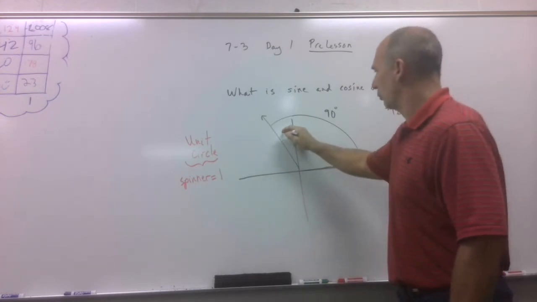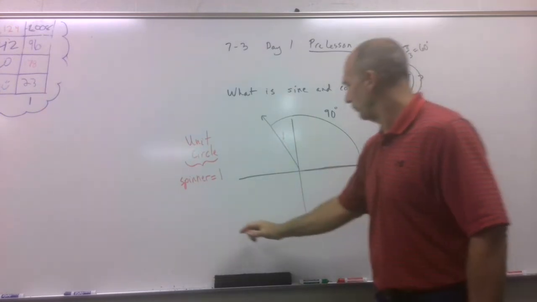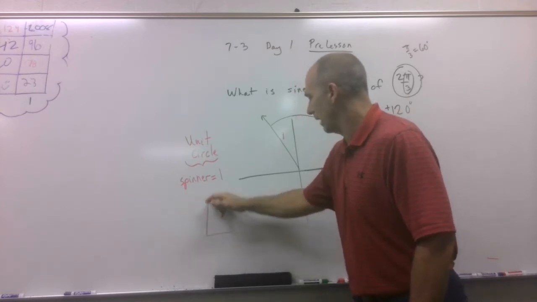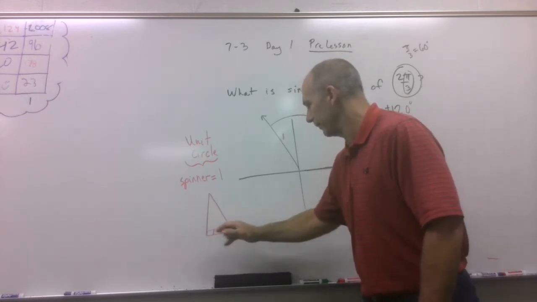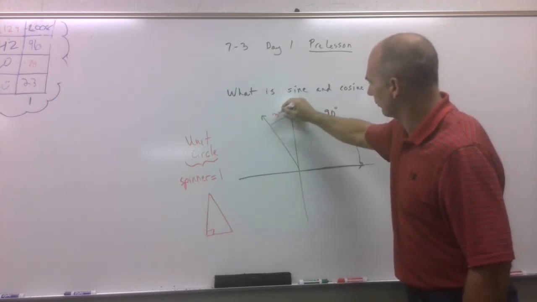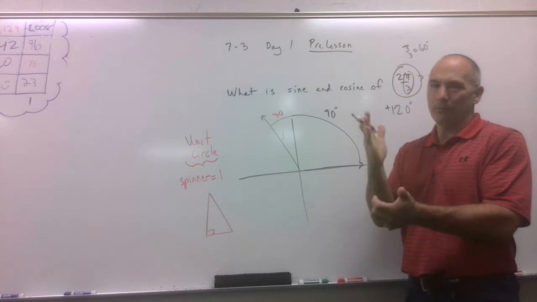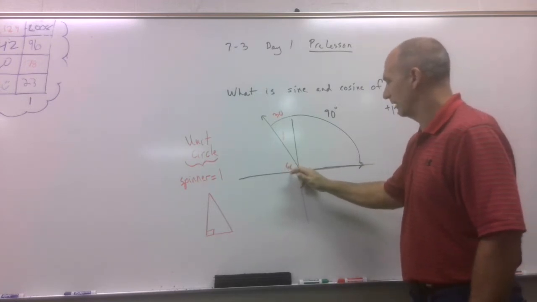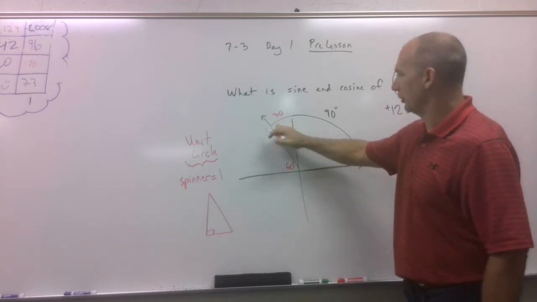So we know this is 1. Now, I want to help you guys understand something. So I'm going to draw a triangle that's a little different than you're used to. But now look at, if this is 90 and this is 30, the very important reference angle is always right here, which has to be 60. So that little 30 just goes away.